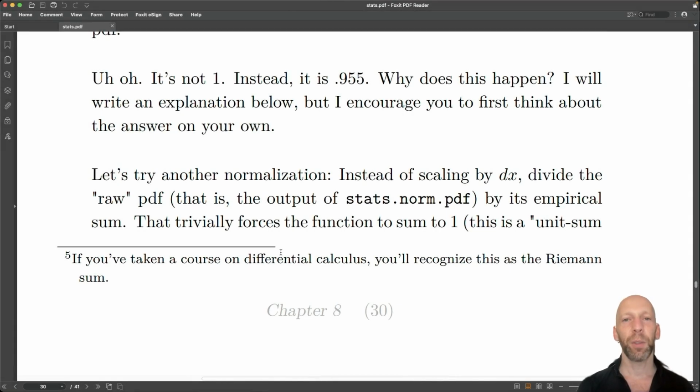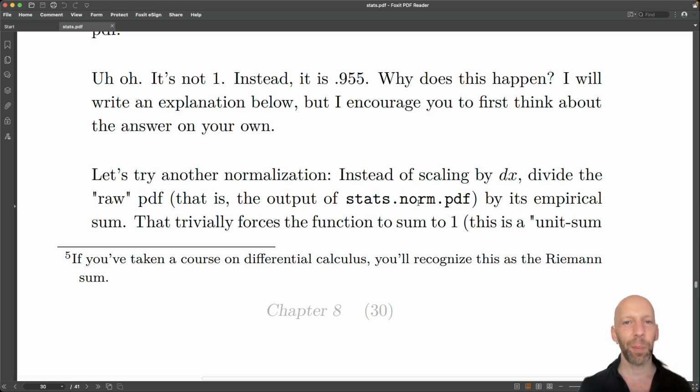So now we are going to try another normalization that is going to absolutely guarantee that the sum over all of the elements in the PDF is going to be 1. And the way that we are going to do this is, instead of scaling by dx, just divide the output of stats.norm.pdf by its empirical sum.